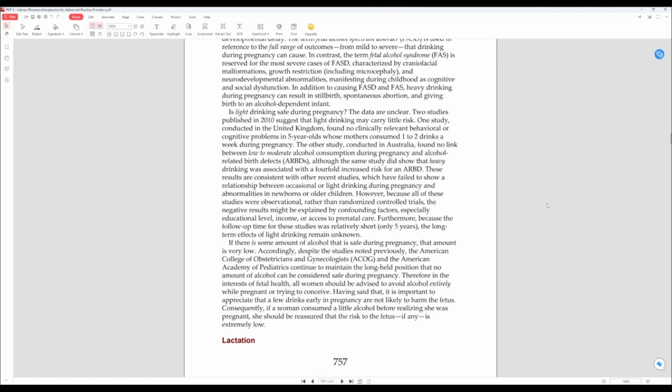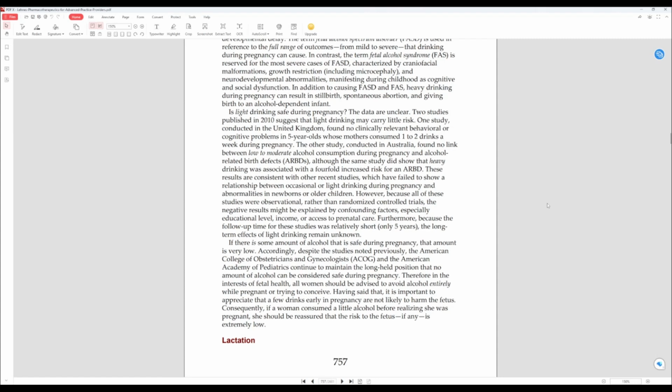Although the same study did show that heavy drinking was associated with a fourfold increased risk for the ARBD, or alcohol-related birth defect. These results are consistent with other recent studies, which have failed to show a relationship between occasional or light drinking during pregnancy and abnormalities in newborns or older children.